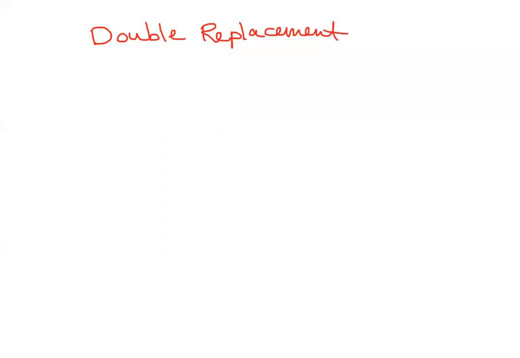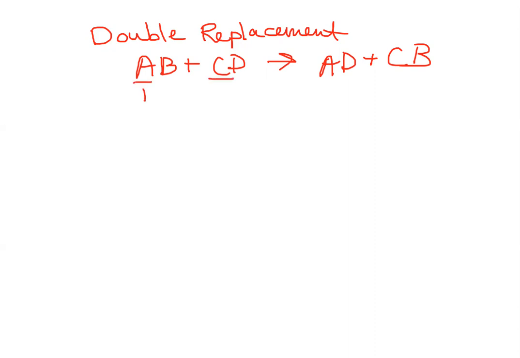Okay, in double replacement, we got 2 compounds, and we're going to make 2 new compounds. Compound plus compound yields a compound plus a compound. You have to remember that the first one in a compound is the plus charge, and the second one is the negative charge.